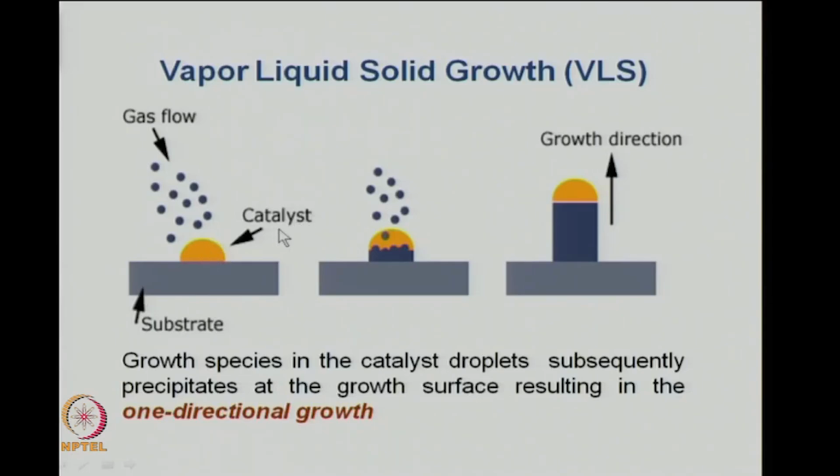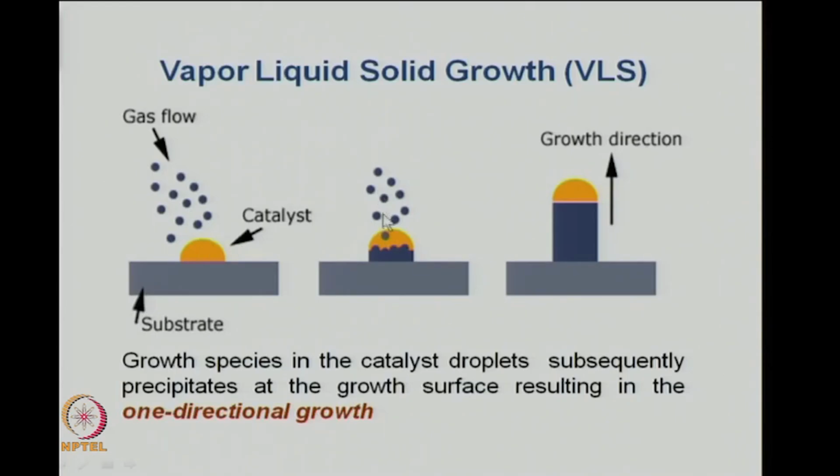We can call it a catalyst or an impurity, which is not part of the substrate and which is not the material of which we want to make the nanostructure. We want to make the nanostructure of the material which is in the substrate, and that is evaporated to give you these particles.